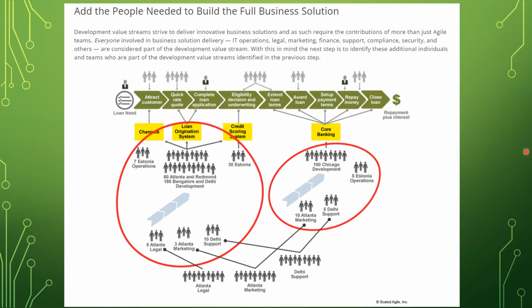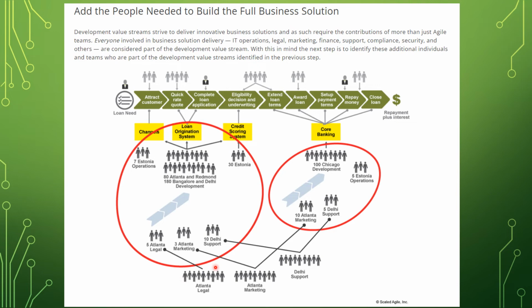The next step, once you identify your development value stream, is to add people needed to build the full business solution, right? Everyone involved in business solution delivery, IT operations, legal, marketing, finance, and others are considered part of the development stream. So you need some business support, like legal people, marketing people, all these things.